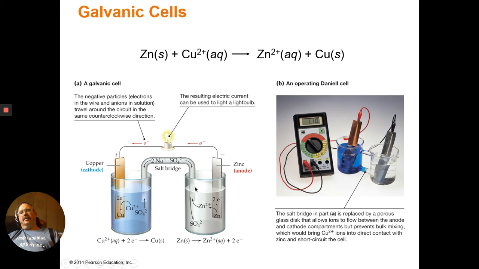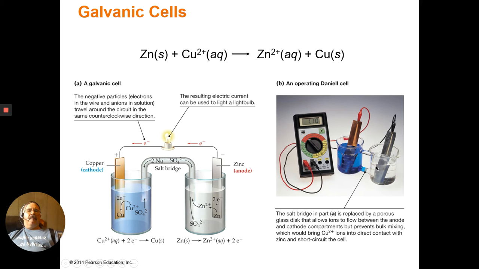And so we need to allow the flow of ions, in this case sodium ions, into the copper compartment, and that will help keep the charges balanced. We have a similar situation on this side. As zinc atoms are converted to zinc ions, now you've got too much positive charge. And so we need to move sulfate ions in order to keep the charges balanced. So the wire allows transfer of electrons, but the salt bridge allows transfer of ions in order to maintain charge neutrality.